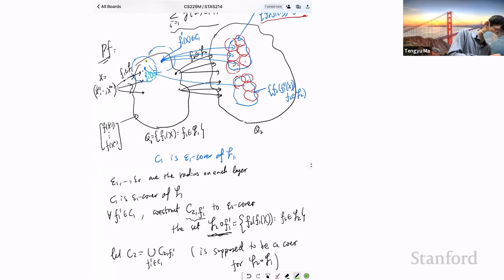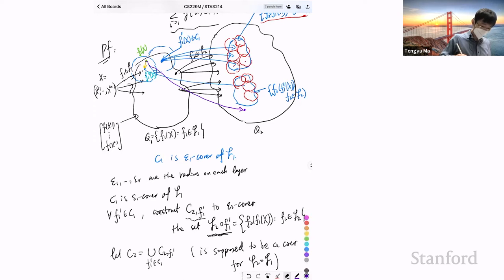The first thing is, suppose you have a point here, which is f1 of x. You cover it by this point. Now suppose you have a point in the second layer, somewhere here, which is computed from that f1 of x when you apply some f2 to it.